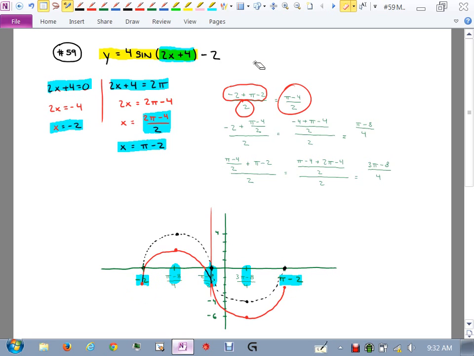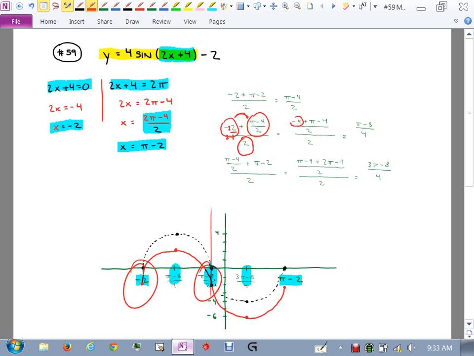Okay. Then I look at this point here and this point here. I add them, and then I divide by 2. Be careful here when you add the top two together, you have to get a common denominator. This one was over 1, so I multiplied by 2 and 2 here, which is why I get a -4 there.